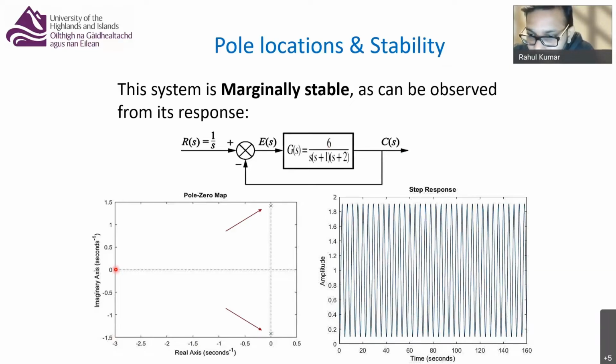And you will have two poles which are on the imaginary axis. That means the real part is 0. I will write down the value of poles.